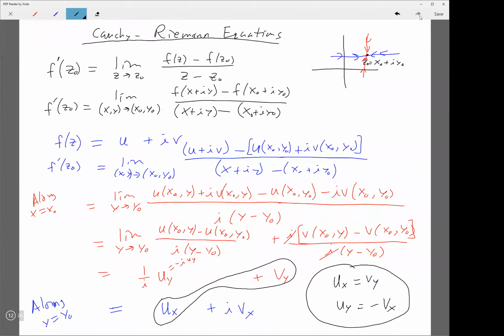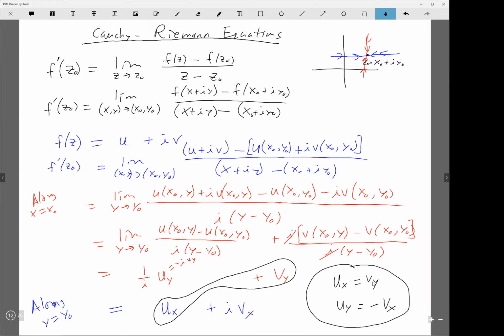Okay, and this is kind of how you get it, going different ways, just going along these two different paths. If a function is differentiable, then this has to be satisfied. And if these are satisfied, plus another really easy to get condition which is almost always satisfied, then the function is differentiable at the point where these are satisfied.